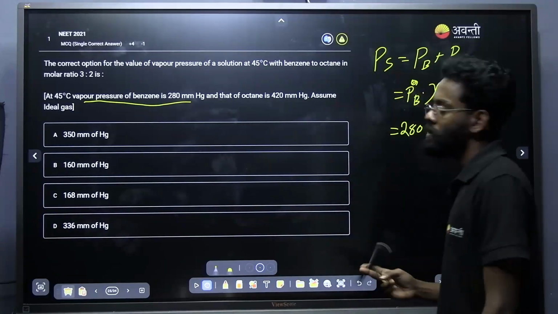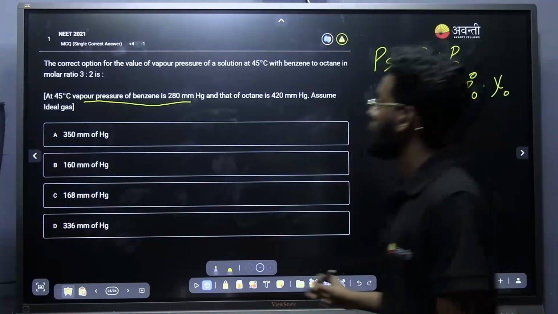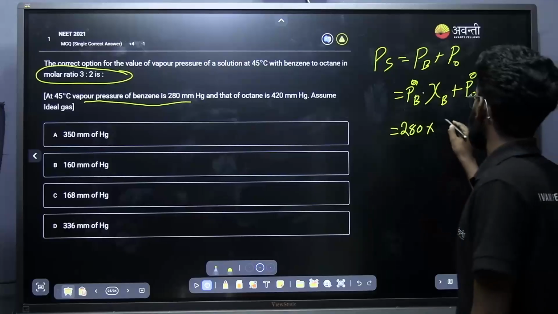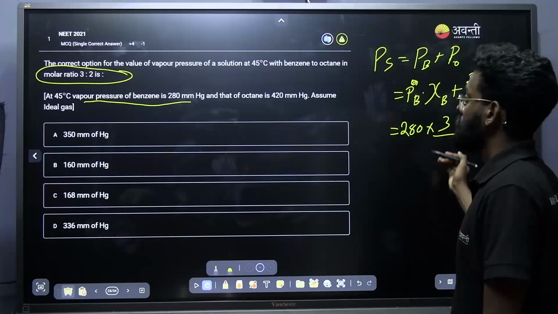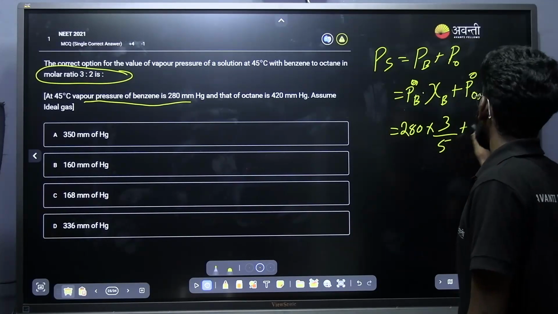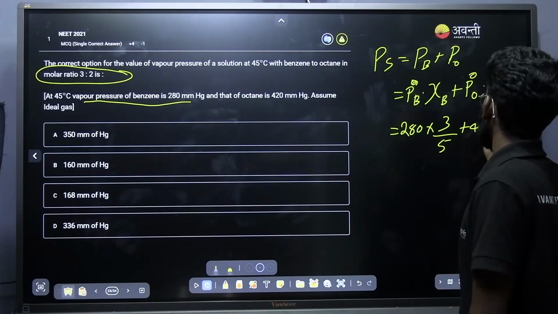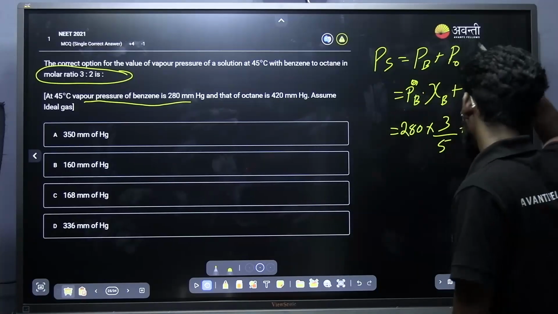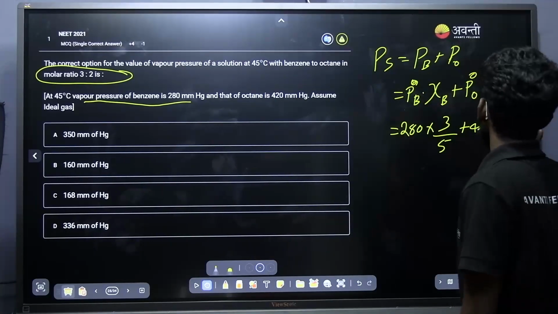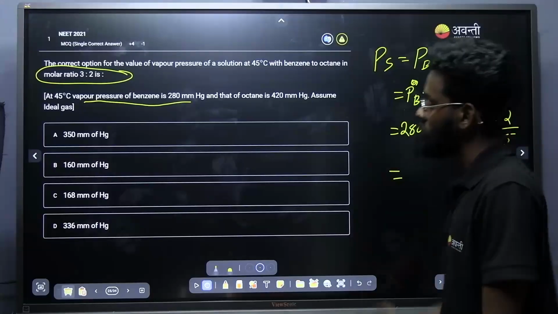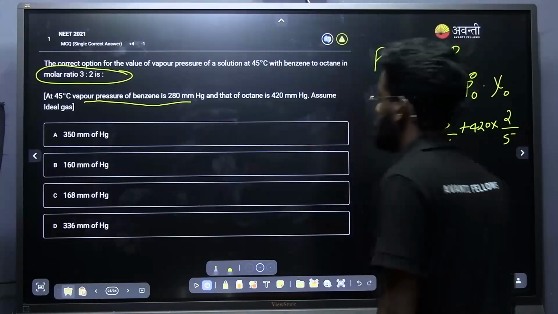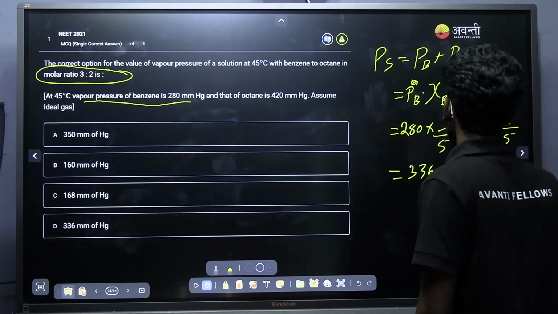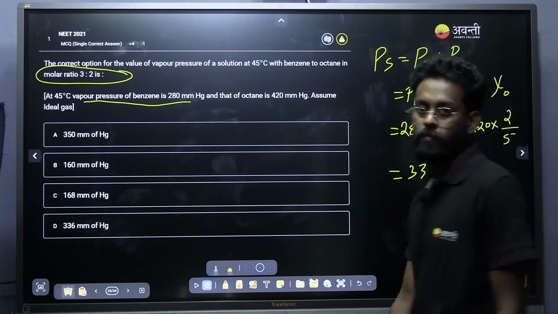Chi B is not given, but the molar ratio is given. From the molar ratio we can find out: for benzene the fraction is 3 by the total ratio, 3 plus 2, which is 5. Plus P naught of octane, 420, into the mole fraction of octane, that is 2 divided by 5. On solving this you will be getting the answer. What is the answer? 336 mm of Hg. Completed.